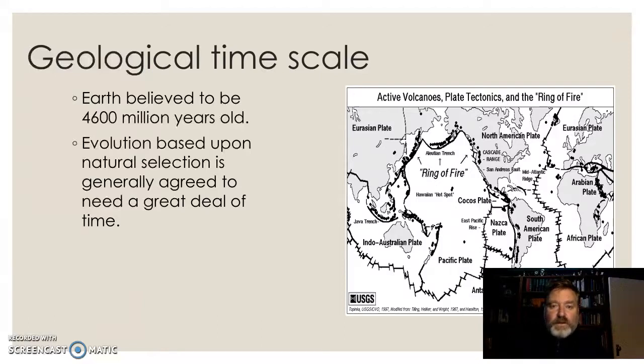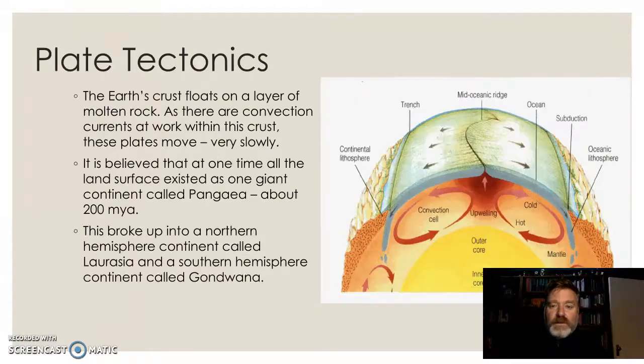But geology has come a long way and started doing a lot of work. And we now know that our planet has a rock hard inner core with molten layers above it. And those molten layers set up these massive convection currents. And those convection currents cause the crust that we live on to move apart and realign itself quite regularly.